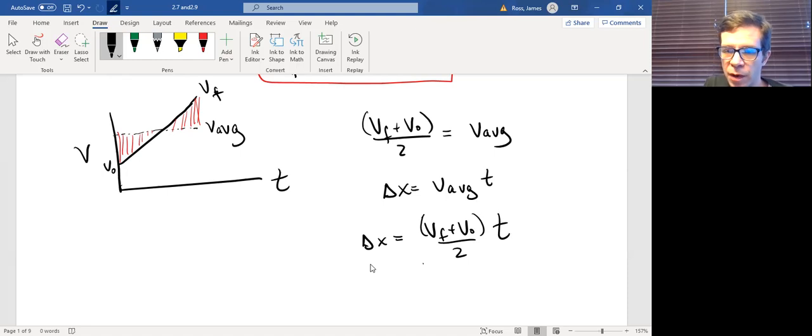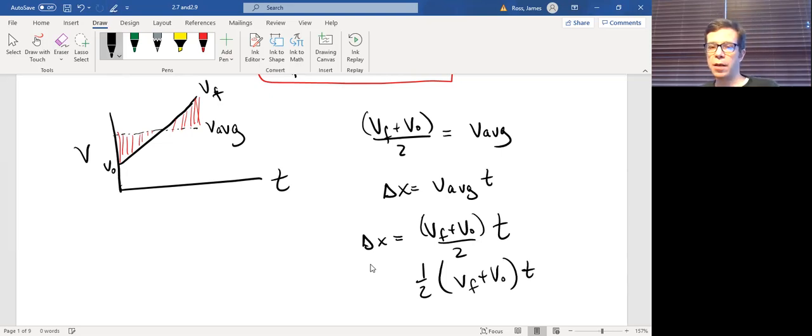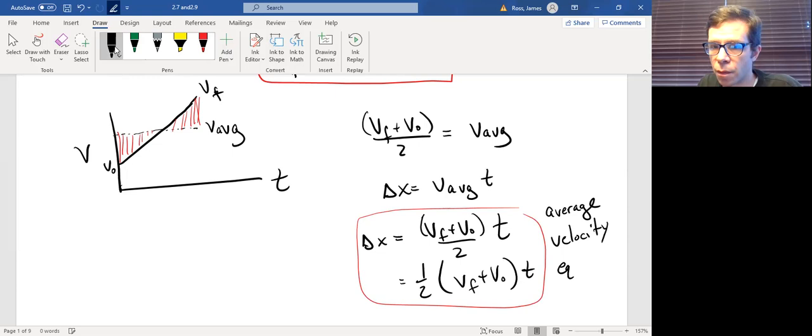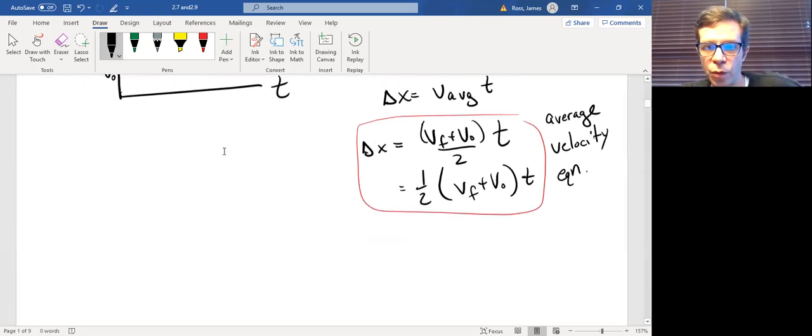You'll sometimes see it written as 1/2 v final plus v naught times t. And this one I call the, surprise, surprise, average speed equation or average velocity equation. EQN is a common abbreviation for equation. Write it a lot.